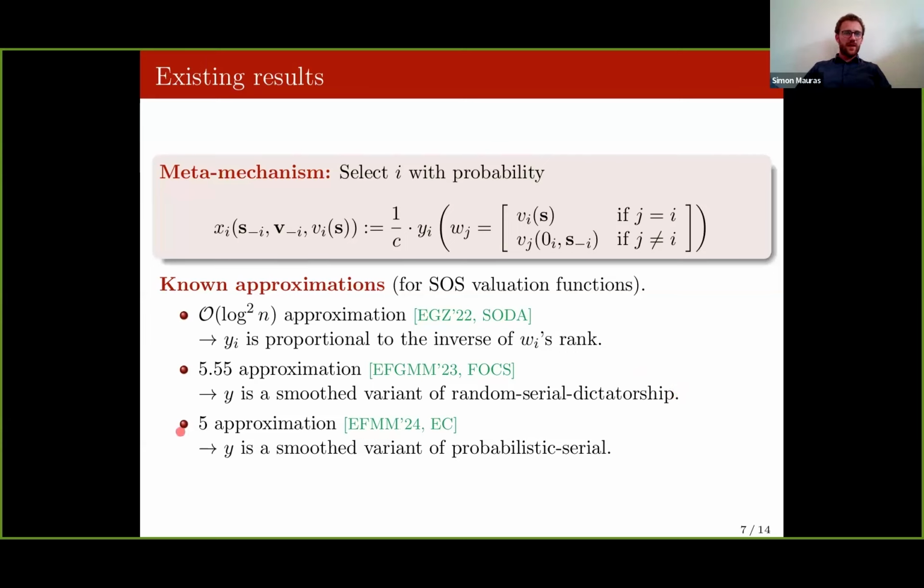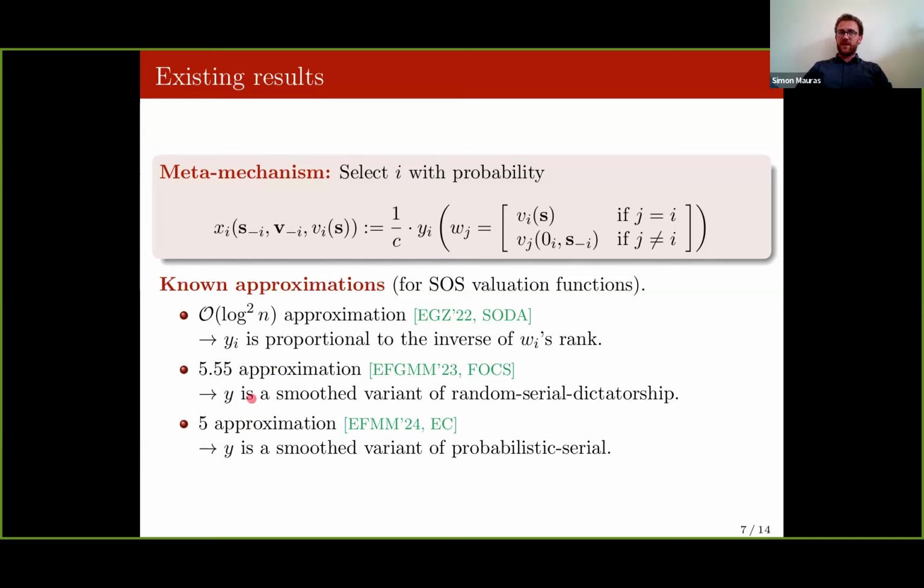And very recently at EC this year, we have this improved 5 approximation, where instead of using random serial dictatorship, you use a smooth variant of probabilistic serial, which is another mechanism where the advantage is that we can even describe it as a solution of a linear program and bound all the probabilities with the dual of this linear program.